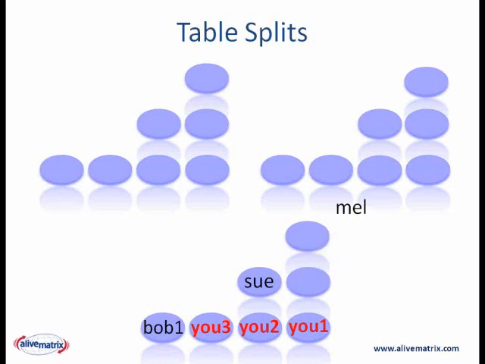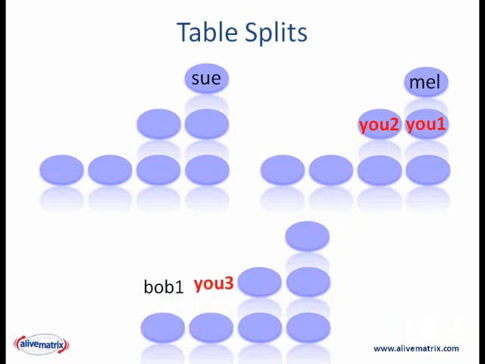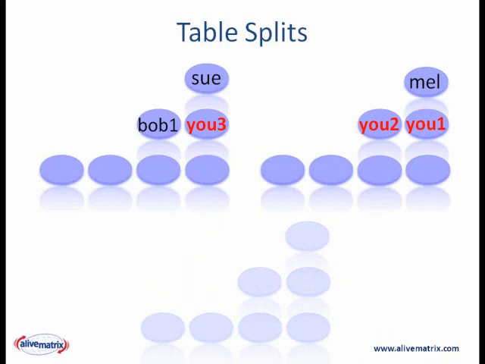So Mel will advance 1 level to the right table, Sue will advance 1 level to the left table, U1 and U2 will advance 1 level to the right table, and Bob 1 and U3 will advance 1 level to the left table, and the original table disappears.